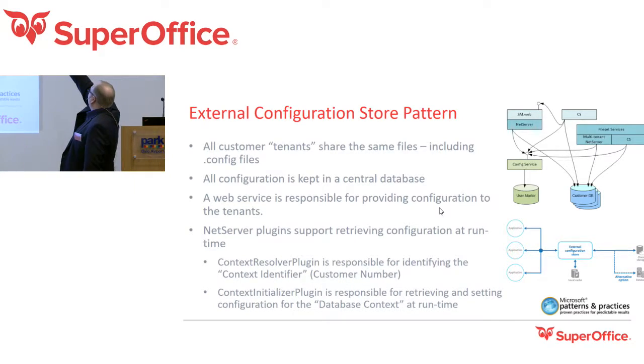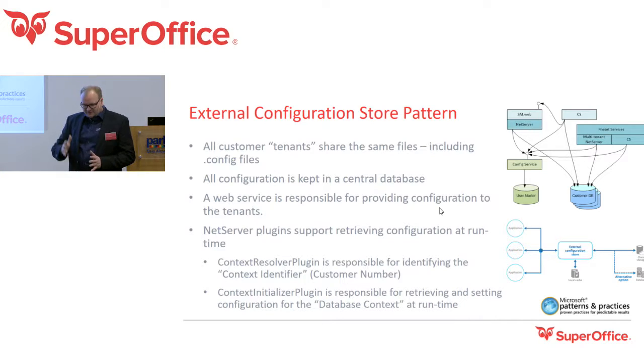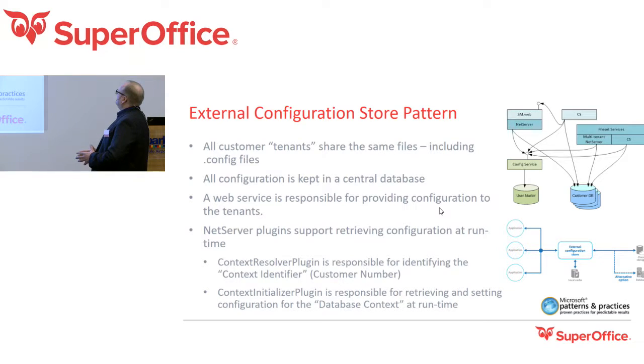You see something called file set services up there. Most of the requests in online are coming from customers or from web tools, coming through the environment. But we have a good bit of background operations, and for them we are using a multi-tenant NetServer that is actually handling many customers at the same time.